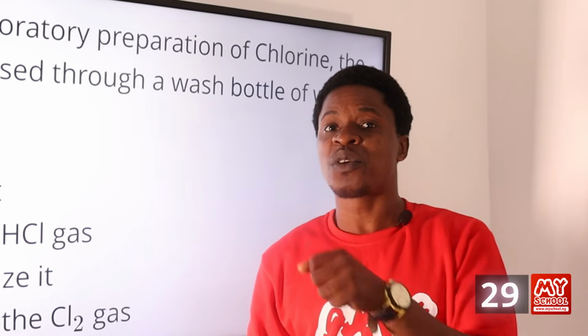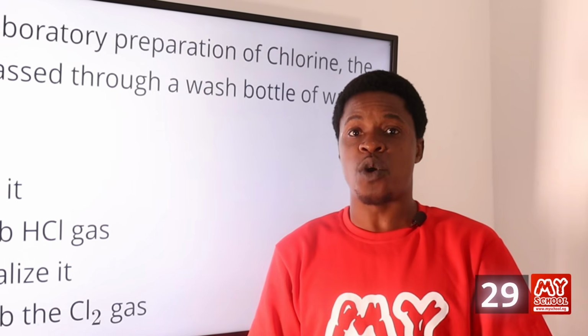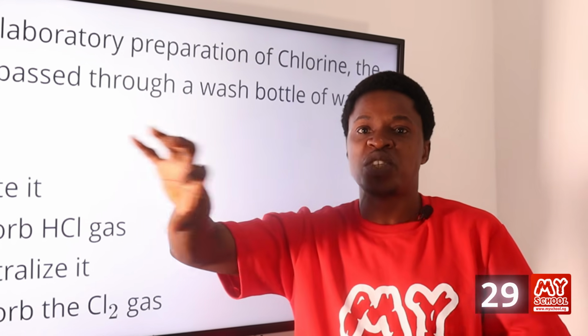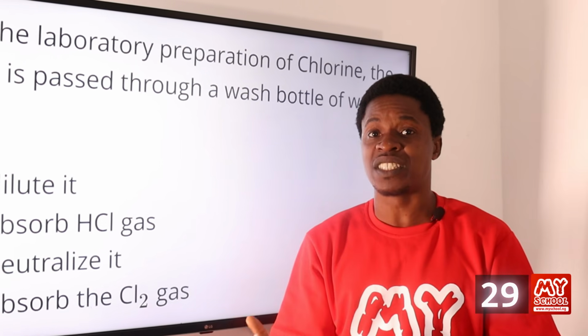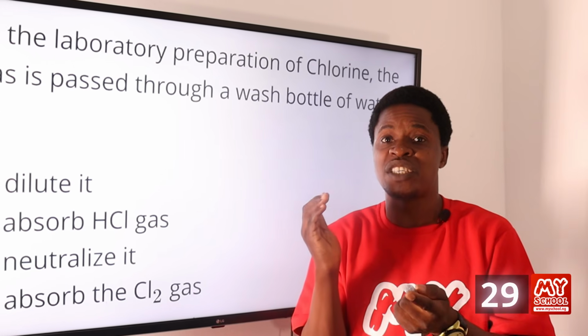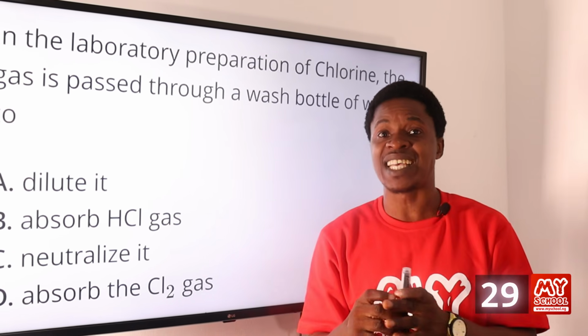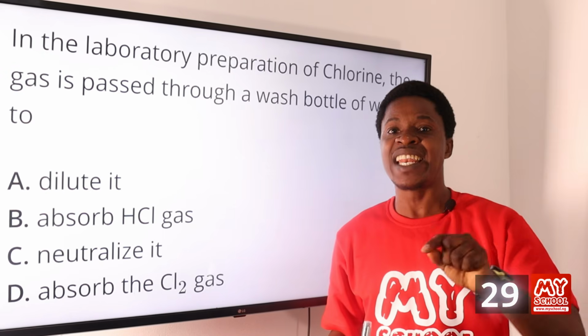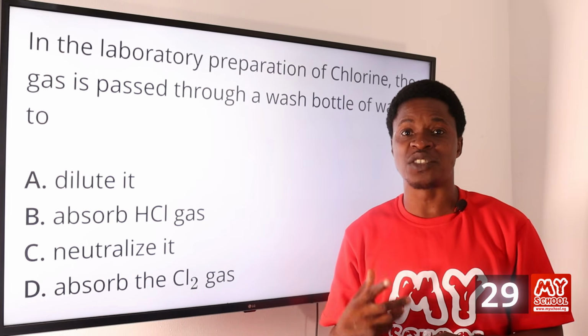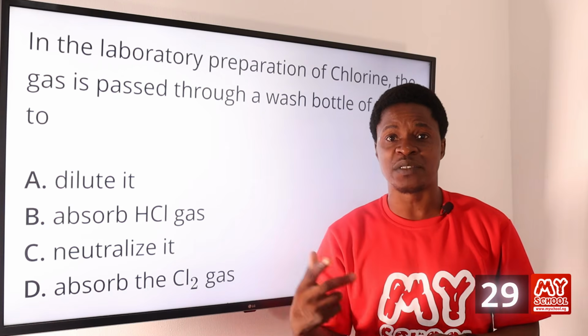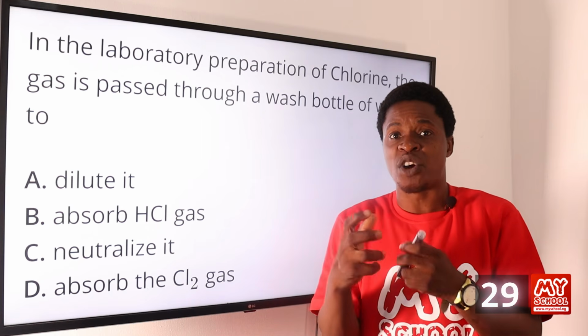Because hydrogen chloride is an impurity, we need to remove it. So in order to do that, we run it through water. The reason being that hydrogen chloride is highly soluble in water.